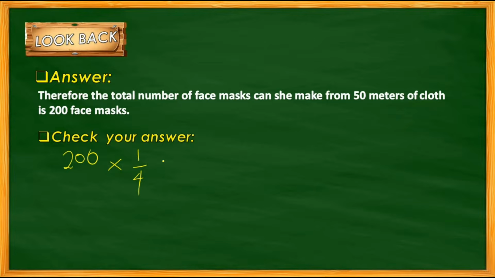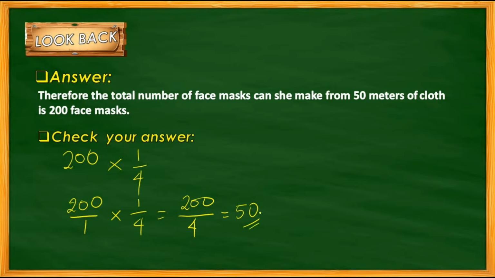Okay, so first we're going to make the whole number 200 as a fraction. 200 over 1 multiplied by 1/4. Then 200 multiplied by 1, the answer is 200. And then 1 multiplied by 4, the answer is 4. Then 200 divided by 4, the answer is 50. So we got the correct answer.